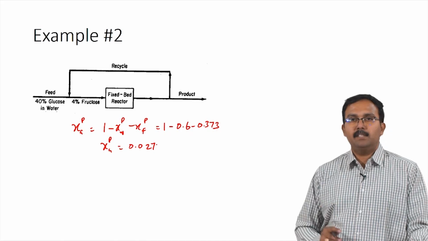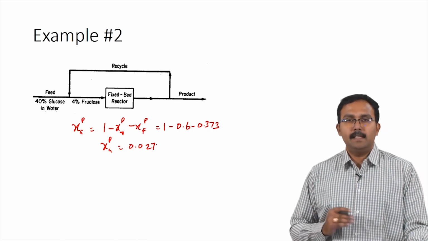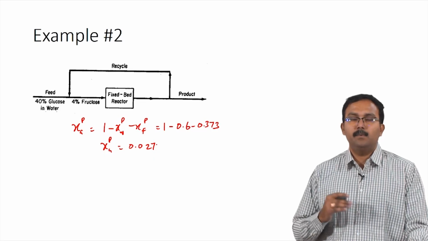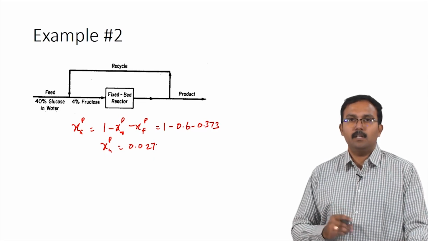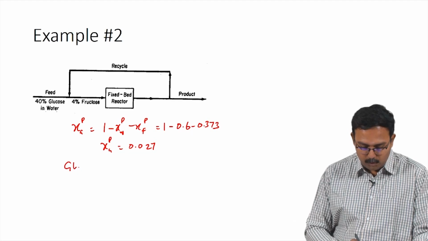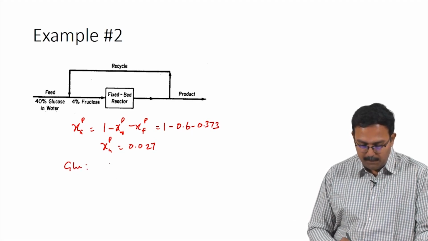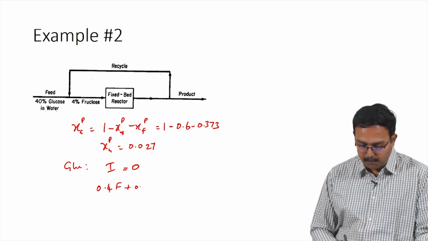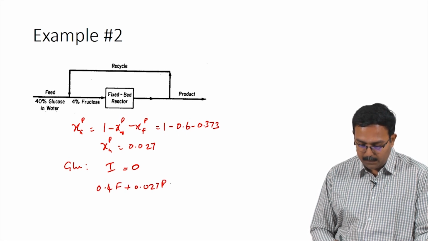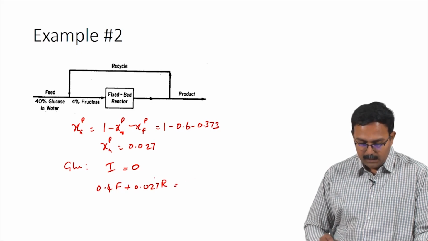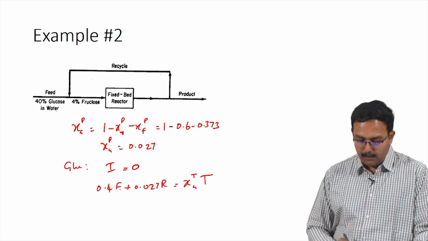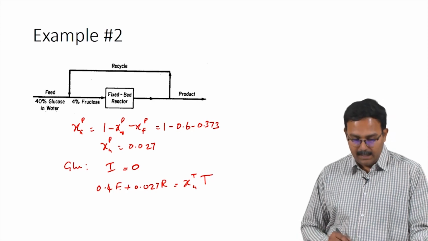Now that we have the mass fraction of glucose in the recycle stream, and we also know the mass fraction of glucose in the fresh feed, we can write a glucose balance for the mixing point. So, the glucose balance would be input equals output, and input is basically 0.4 times F plus 0.027 times R equals XGT times T.